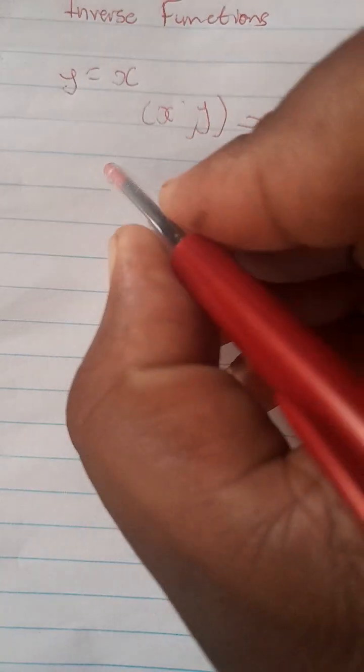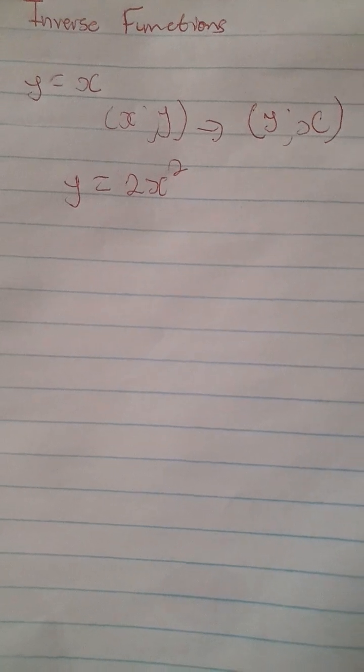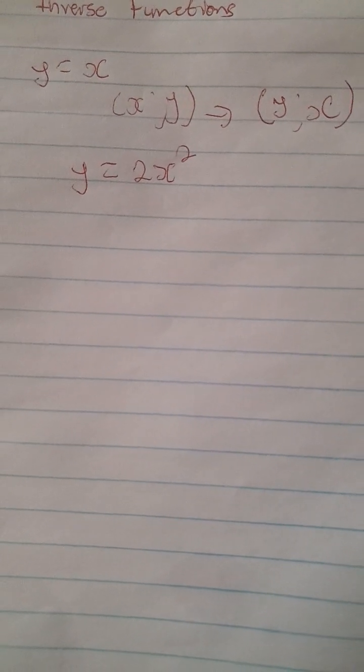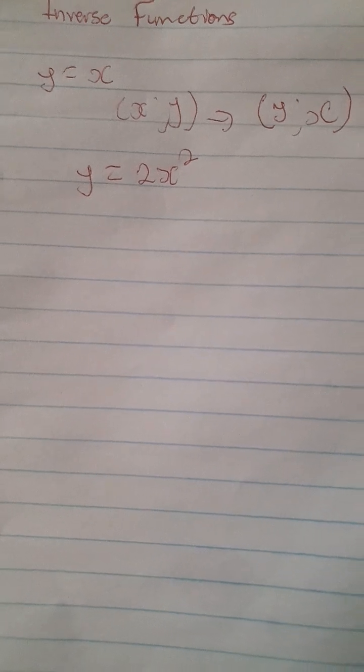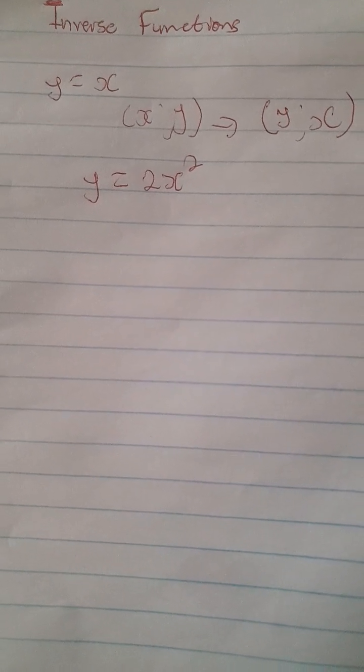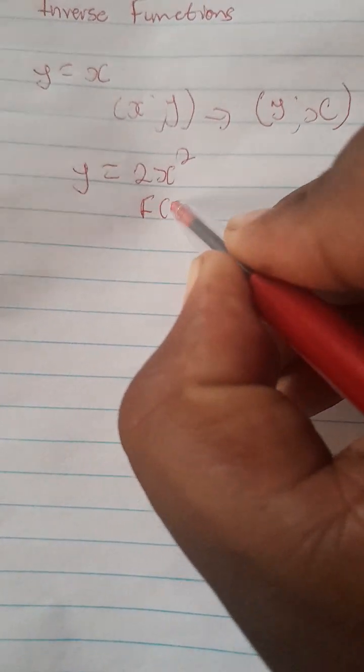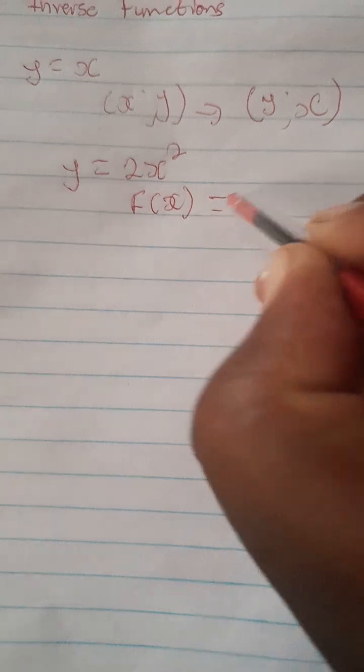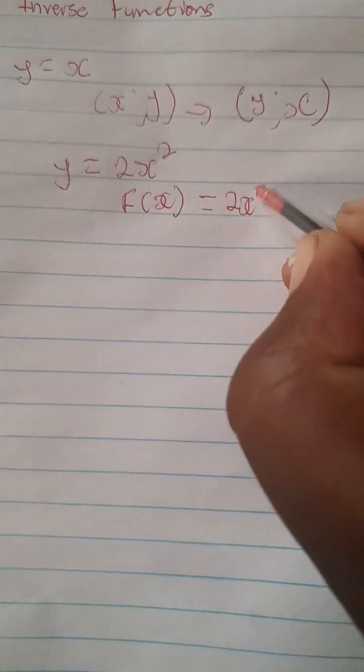Consider you are given y equals 2x squared. Yes, it's y equals 2x squared. Then they ask you this question: what type of function is this? Let's say you were given it in the form of f of x equals 2x squared.